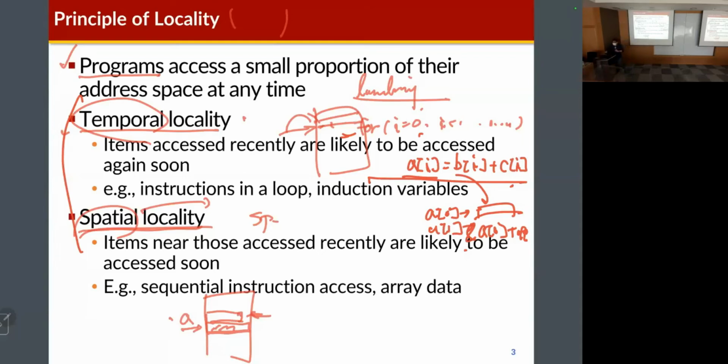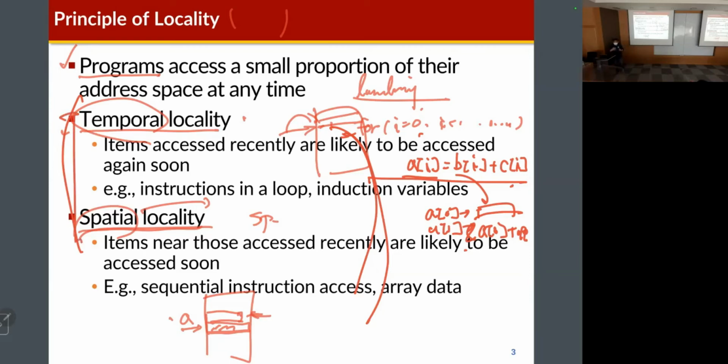Okay, so why did I explain this locality? Because a memory hierarchy exploits locality.